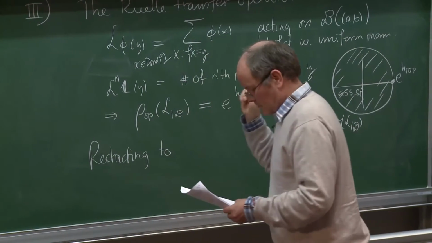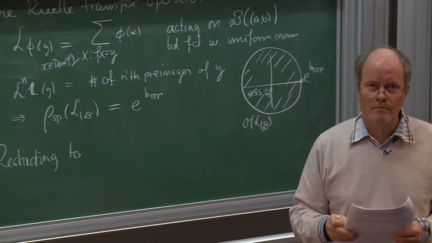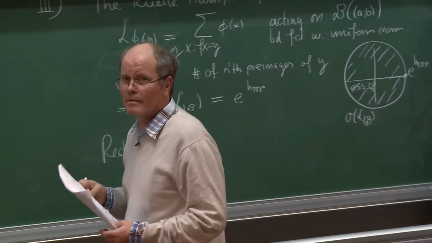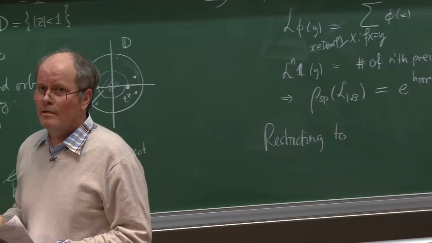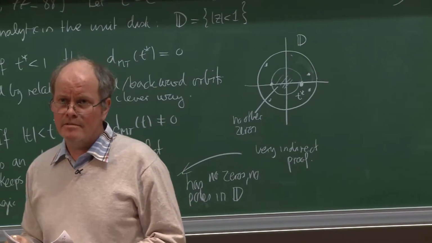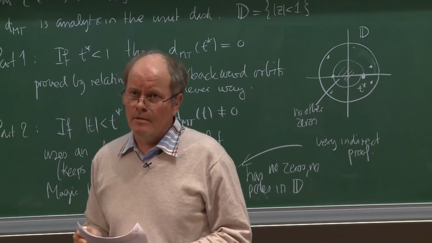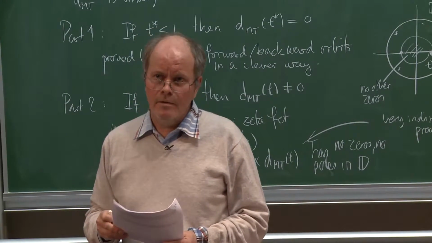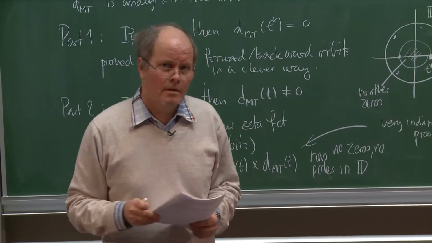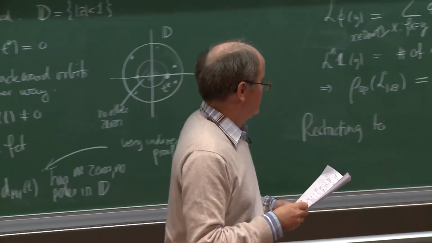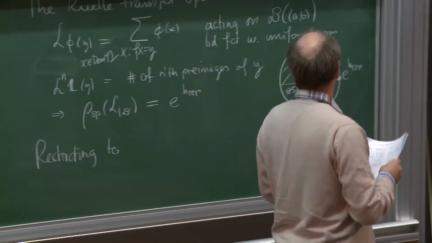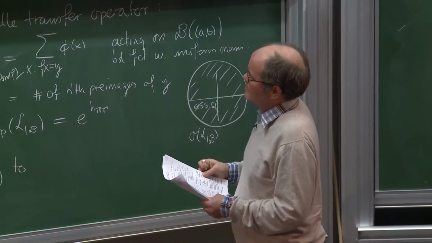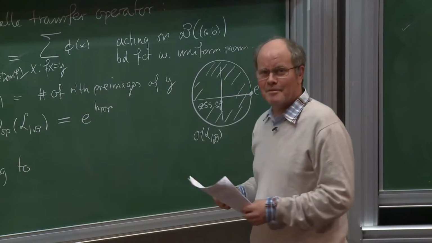In a trivial case of the identity map, for example, then nothing happens, so it's the identity function. And then the topological entropy is 0. Yeah, but the identity operator just has spectrum, which is 1. You're right.